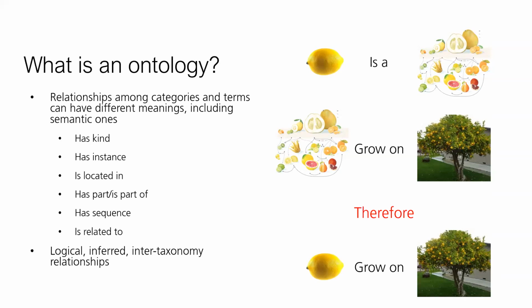So where a taxonomy is flat, an ontology is letting you join other things together. It's almost joining taxonomies together to make a three-dimensional image. So we know here that a lemon is a fruit and fruit grows on trees, so a lemon must grow on trees. So it's joining up these links of how things go together.